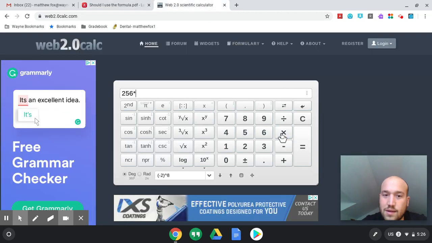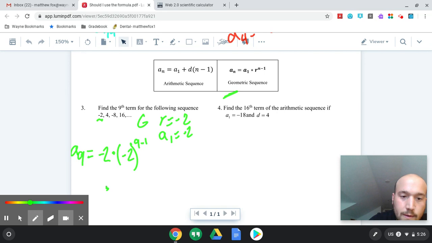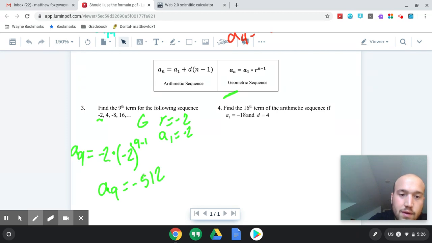Okay, so times negative 2, and our final answer then right here, negative 512. So a sub 9 equals negative 512.